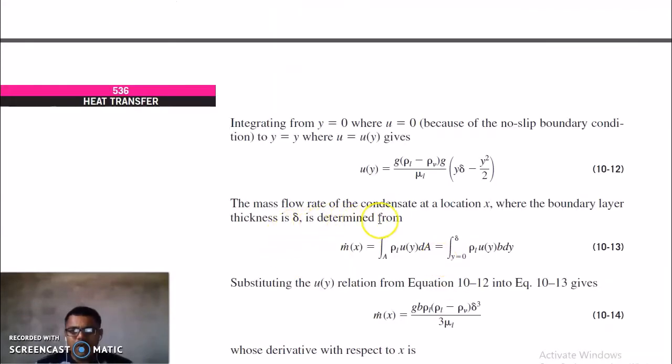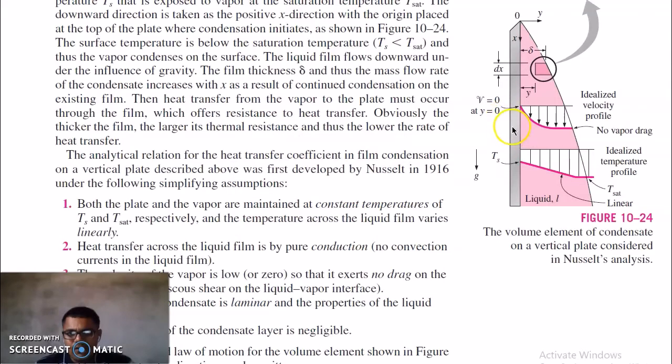The mass flow rate of condensate at the x location, where the boundary layer thickness is delta, is determined from density of liquid into u(y) velocity into dA. So this is your volume flow rate multiplied by density, which will give you mass flow rate. Now dA is the area of this cross section, which in this case is dy into b here.